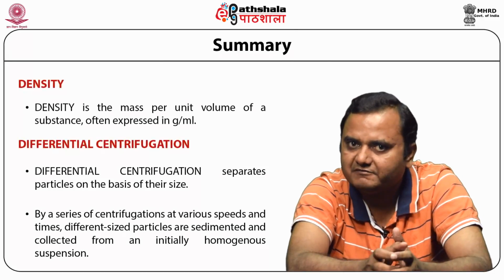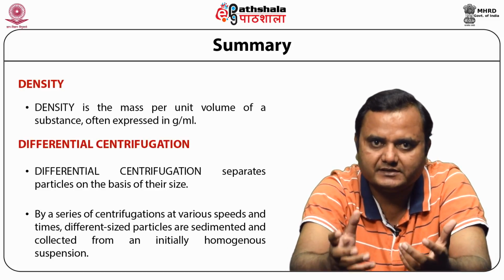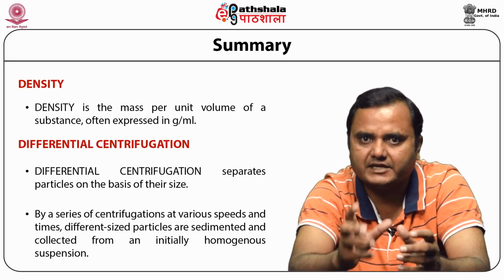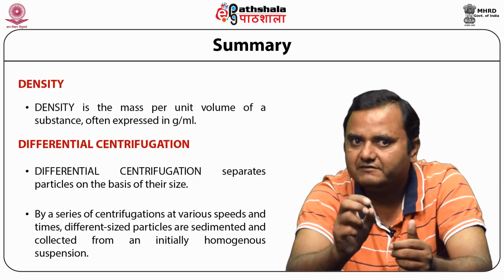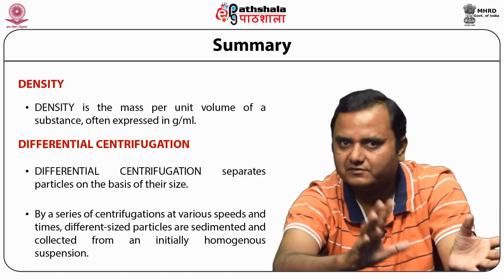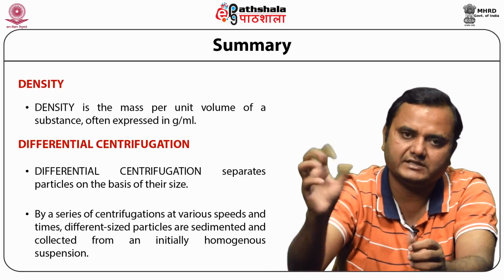So in summary, we have used the term density, which is actually the mass of a substance in a particular volume, or you can say grams per ml. That is a very important factor for the separation of molecules, because it separates biological molecules based on their density.